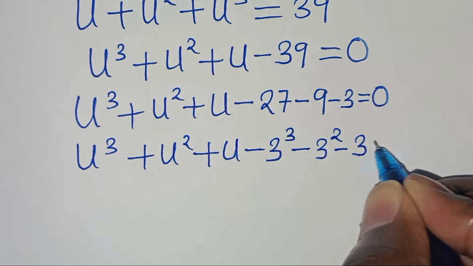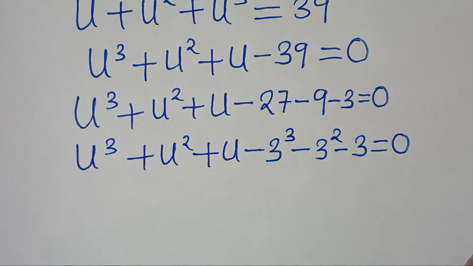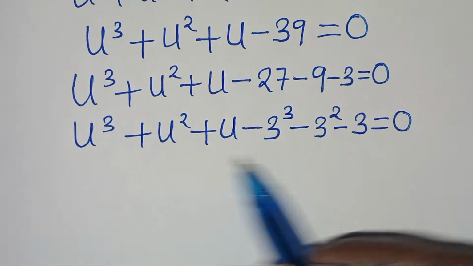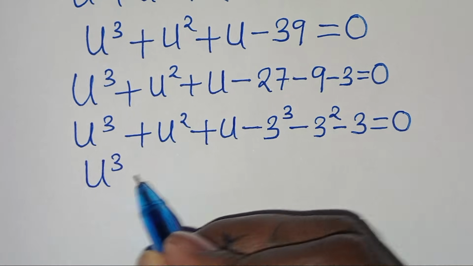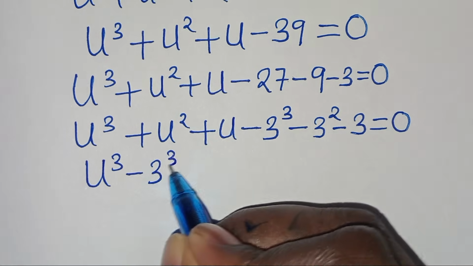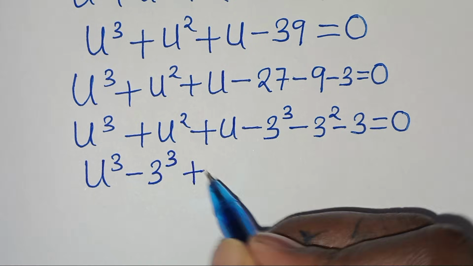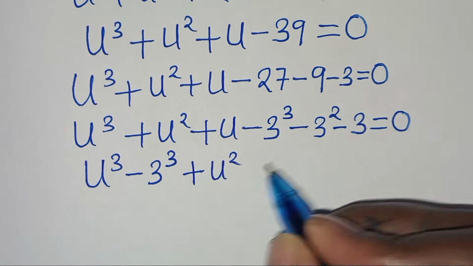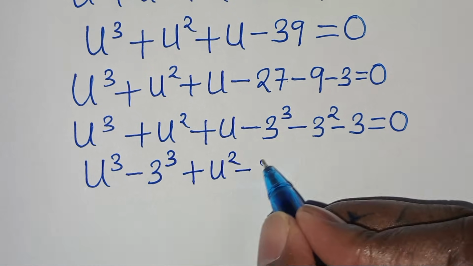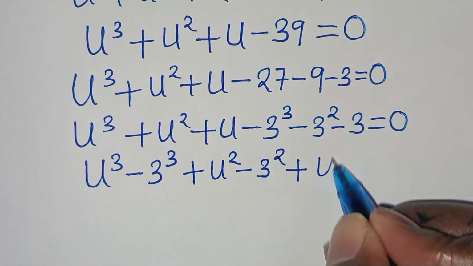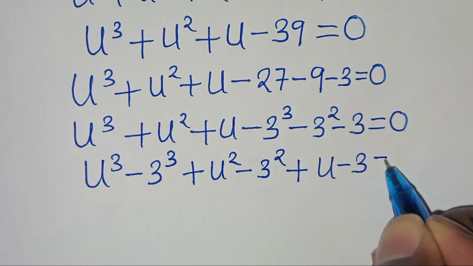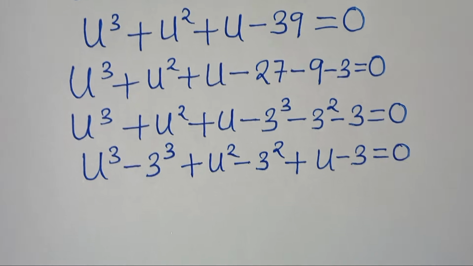Subtract 3. This is equal to 0. We have u to the power of 3 and 3 to the power of 3. So this is u to the power of 3. Subtract 3 to the power of 3, then plus u to the power of 2. Subtract 3 to the power of 2, then plus u minus 3. This is equal to 0.